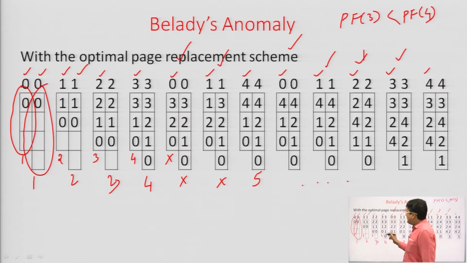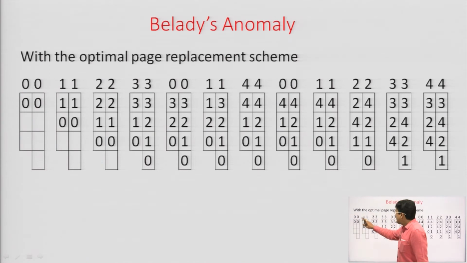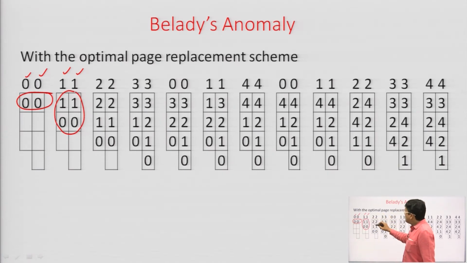You can see that when we are doing these page replacements, when 0 is referenced in the case of 3 frames and 0 is referenced in the case of 4 frames, 0 is present in both. Similarly 1 and 1, both are present. 2 and 2, it is present when 3 frames were there, and it is present when 4 frames are there.